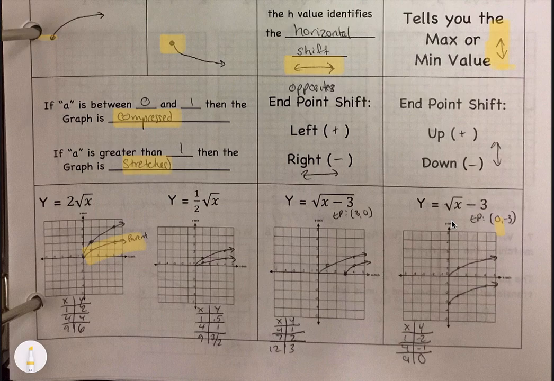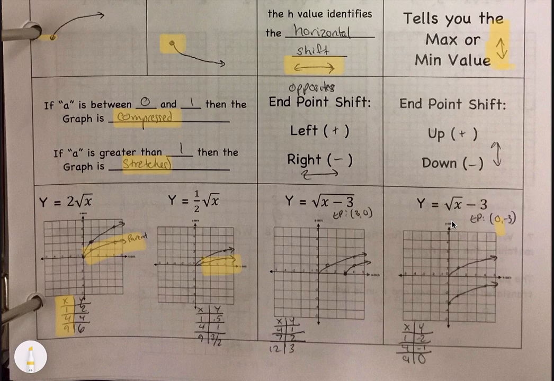And so when we're dealing with square roots, we always want to deal with x values that are perfect squares. So that would be like 1, 4, 9, like you see here. So those are the first 3 perfect squares. And then you can see over here when we have 1/2 of the square root of x where it's compressed, you can see how the graph is now closer to the x-axis.